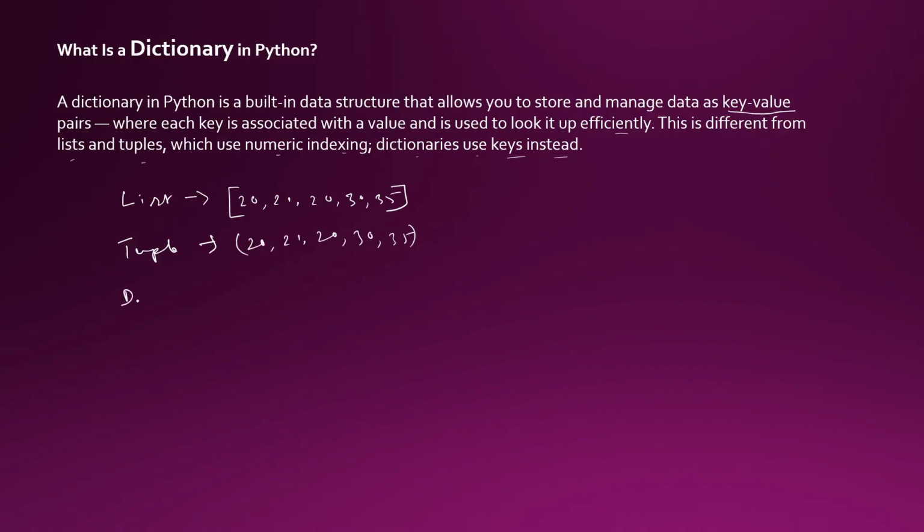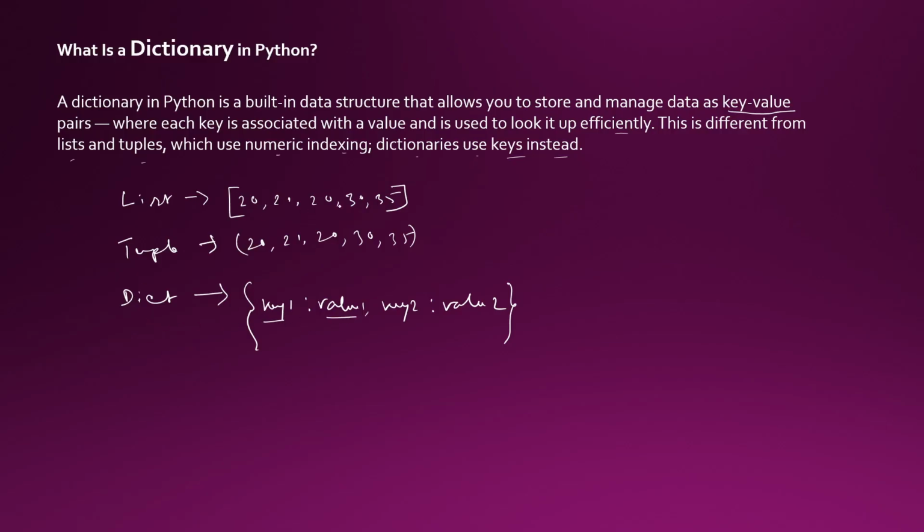But in the case of a dictionary, we have to use curly brackets. And within this, we have to mention our key-value pairs. This is key 1, value 1, key 2, value 2. This is the key and this is the value of this key.